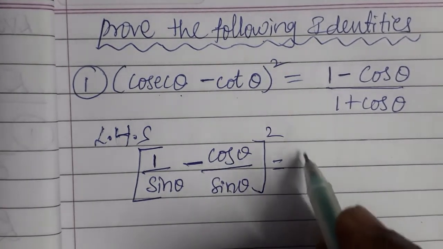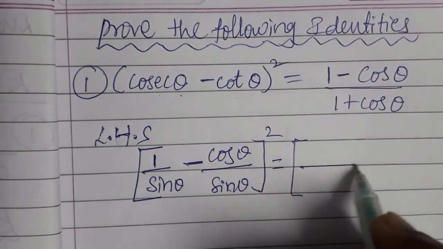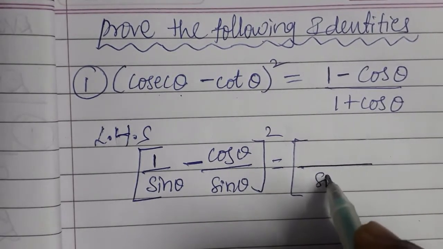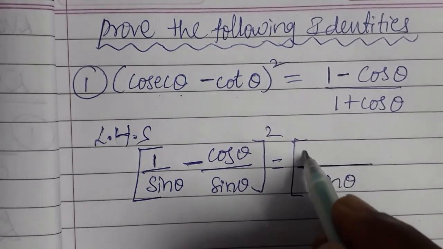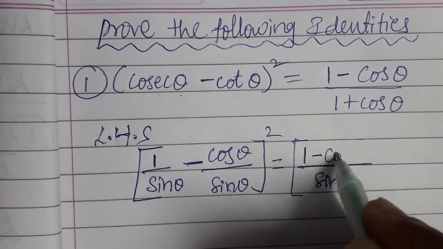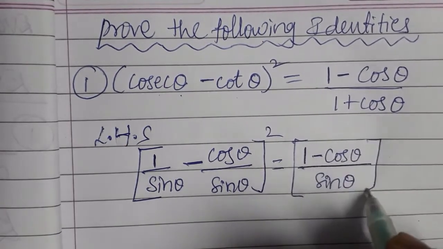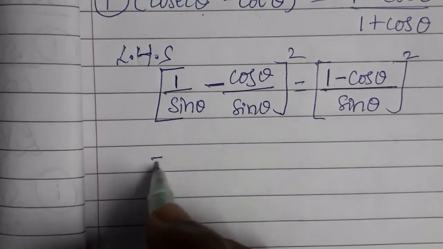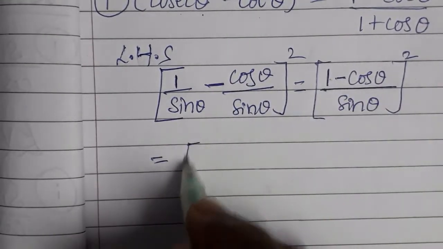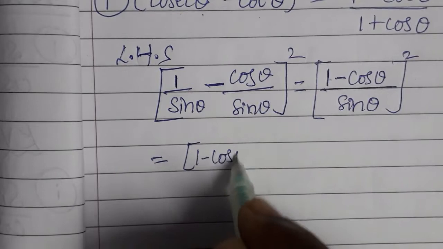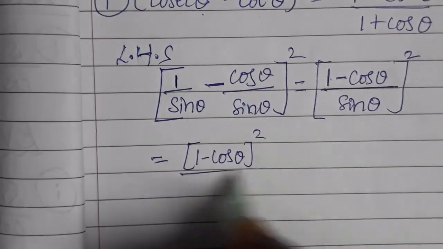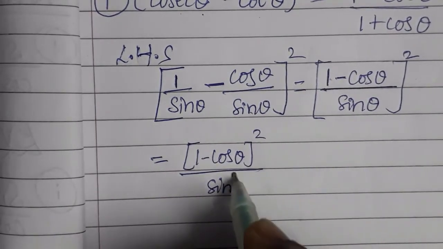You see in the denominator we have got the same denominator, so I can write the same denominator sin theta and subtract in the numerator: (1 minus cos theta) the whole square by sin² theta.